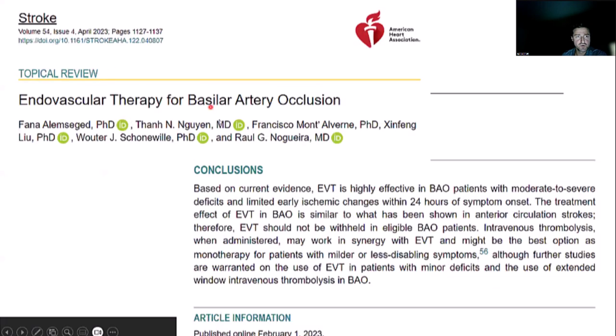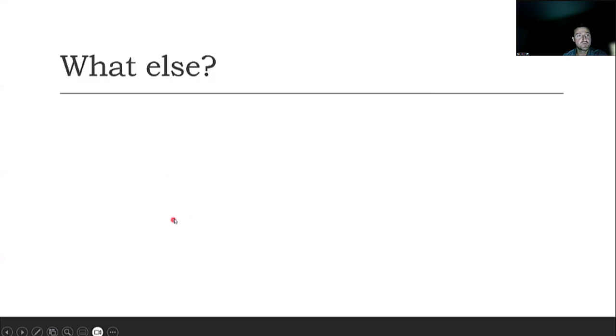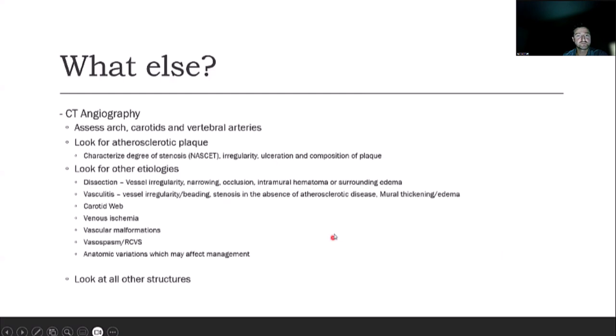Again, this was in Stroke in April 2023: based on the current evidence, EVT is highly effective in basilar artery occlusion patients with moderate to severe deficits and limited early ischemic changes within 24 hours of symptom onset. So really we are trending, and we will often treat these at our institution now with endovascular thrombectomy. So again, important to look at the posterior circulation always.